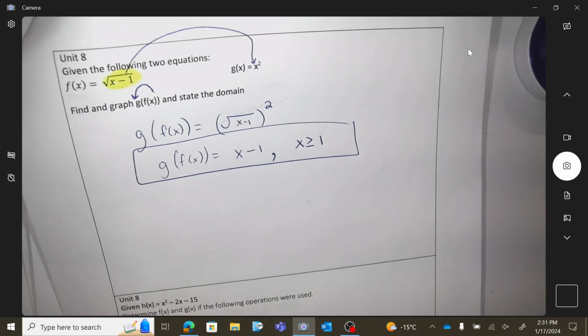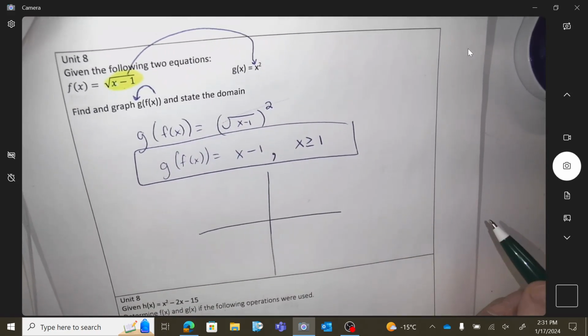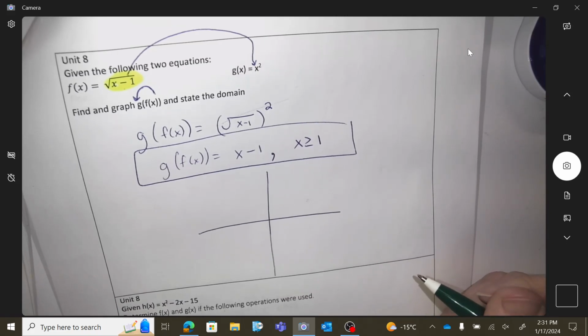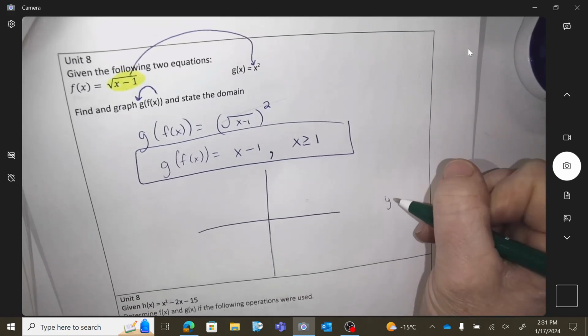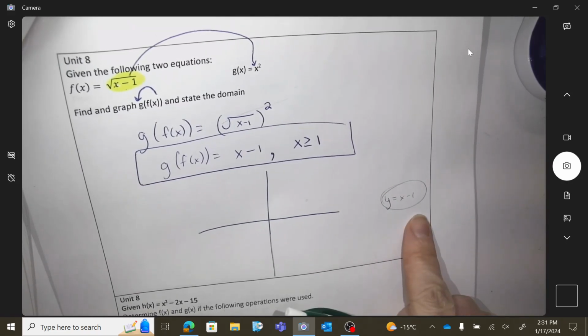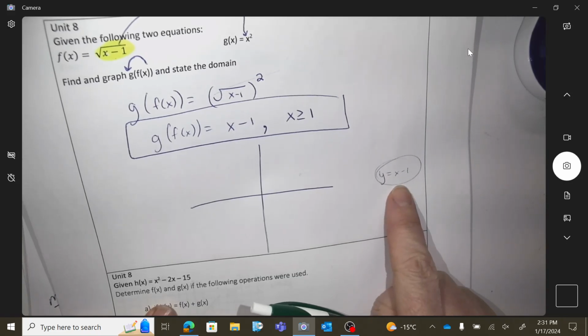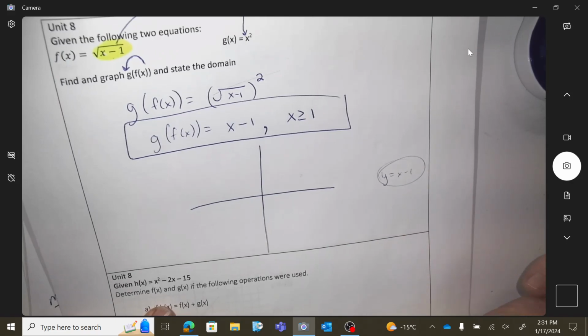Okay, now it also asks me to graph it. So just pretend that I have this. What is this when you graph it? What kind of relationship is this? Y equals x minus 1. What is it? A line. What do you know about this line?